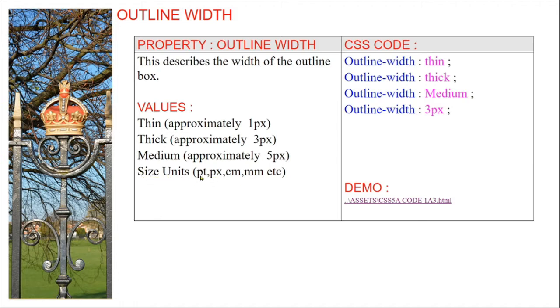You can use pixels, or you can use points, centimeters, millimeters, etc. The CSS code is as follows. You can have outline width. You can set it to thin, thick, medium, or a number of pixels.